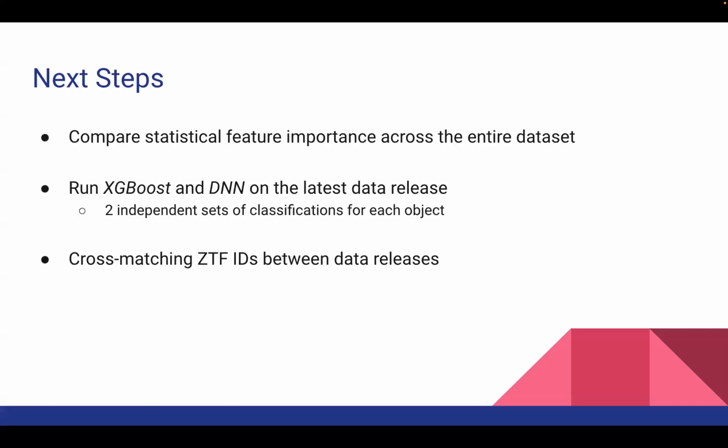So the immediate next step is to compare those statistical features across a larger data set, firstly, and across each object type for a large average of many different objects. And we will be running it, as I mentioned, on the latest data release in June. And another thing that we should do software-wise is probably cross-match ZTF IDs.